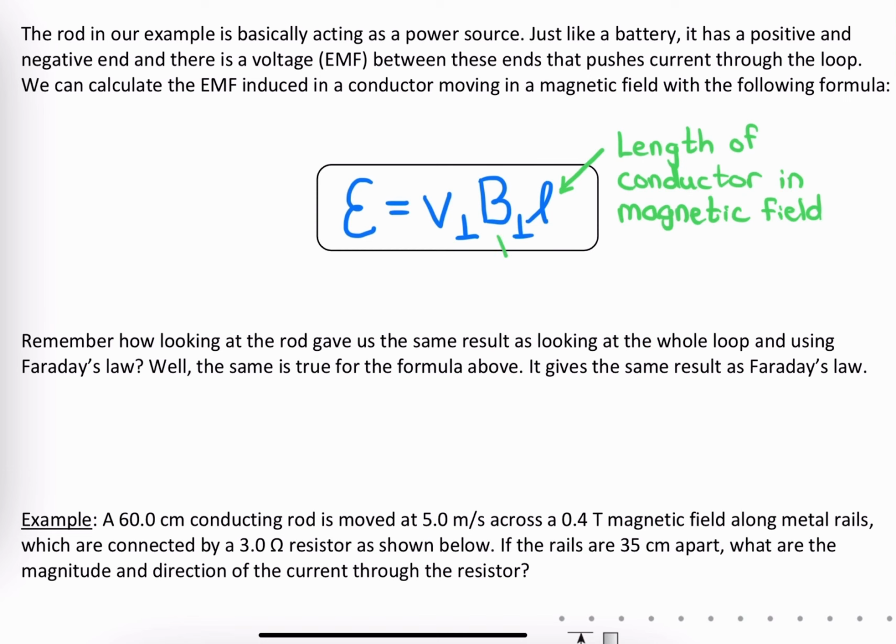B is the strength of that magnetic field.